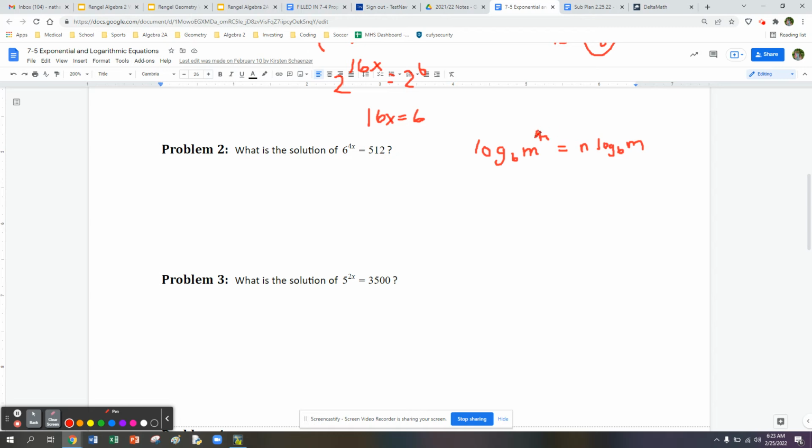So this exponent n can always be rewritten down in front of our log, and now it's more accessible. When the variable 4x is up in our exponent, we can't really use it up there, but if we get this log form going, then we can rewrite that n out in front.